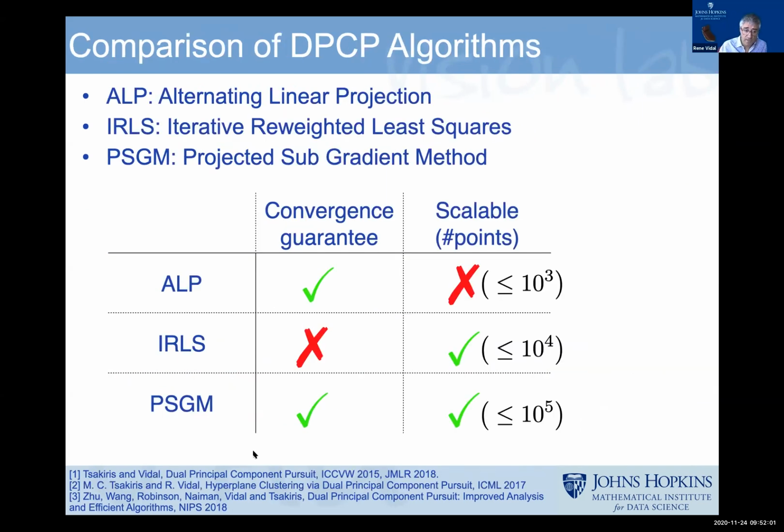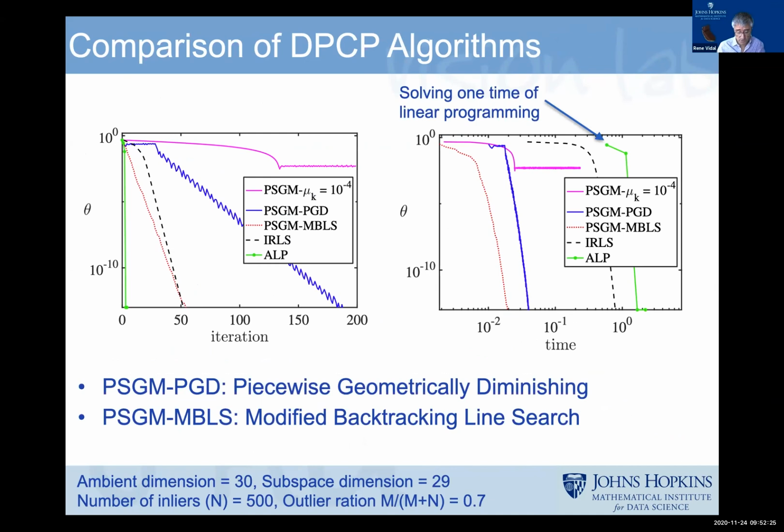So in summary, the sequence of linear programs had very nice theory, but it was not very scalable. Iterative reweighted least squares, we do not have theory, but it was much more scalable. And this projected subgradient method is the simplest, the most scalable, and we probably have the best convergence results for it. This is illustrated in this figure.